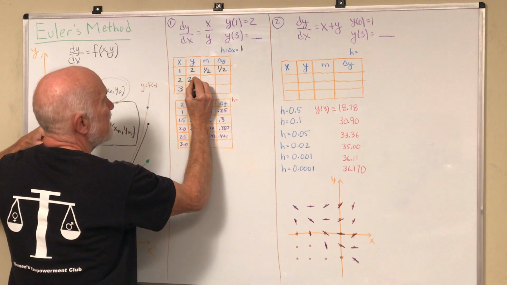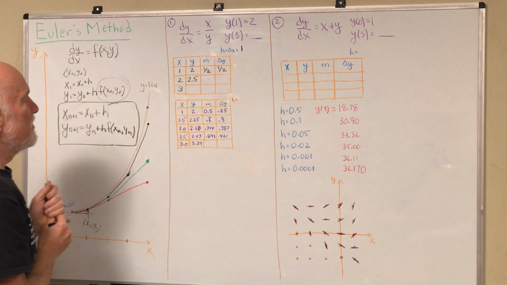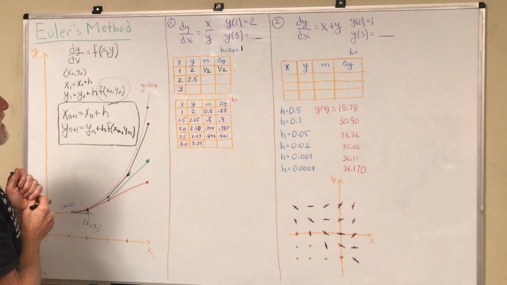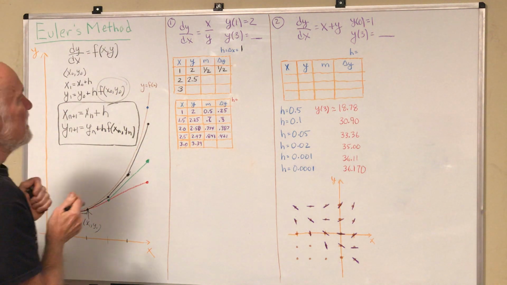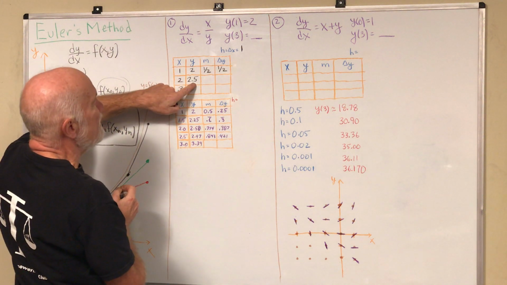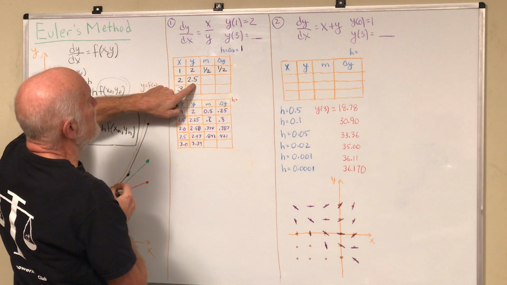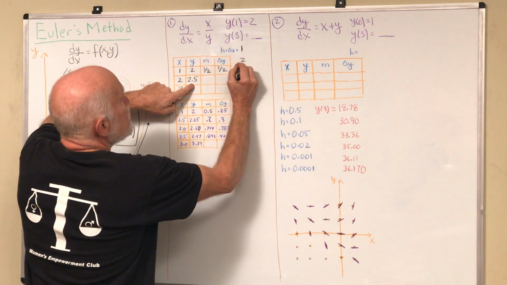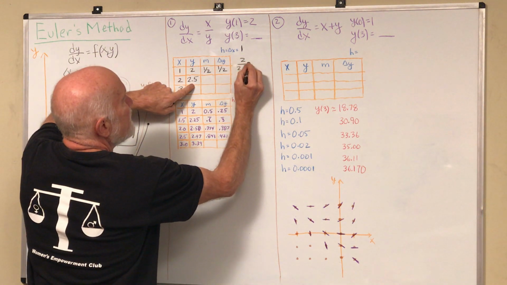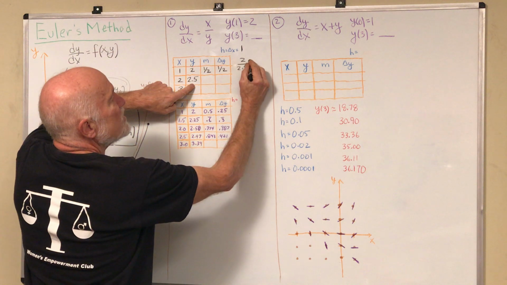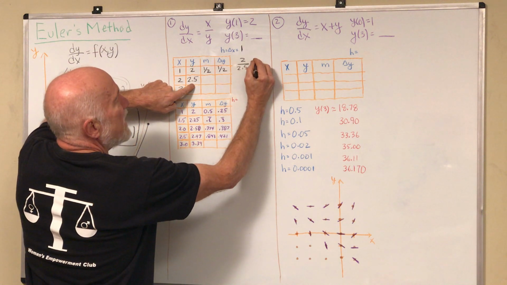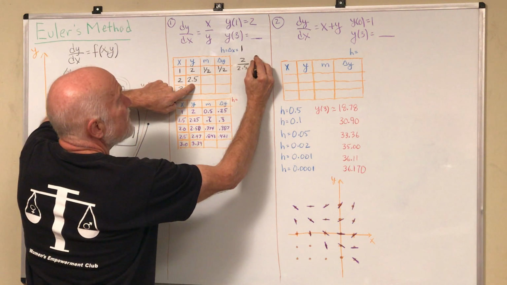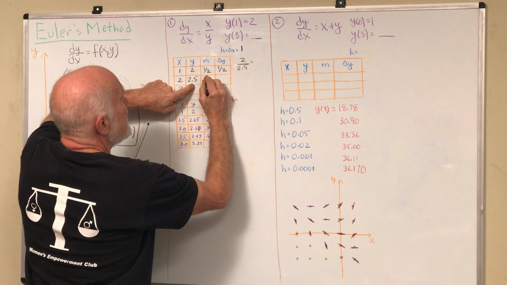Maybe we should go to decimals. Then we have 2.5. We have x is 2 divided by 2.5, which is 20 divided by 25, or 0.8.